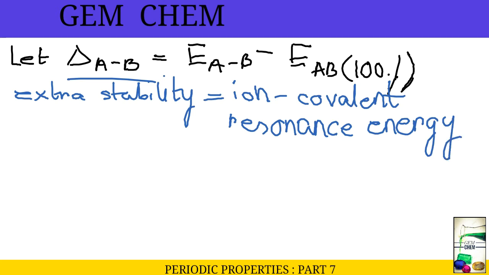Now, the extra stability of the AB bond arises due to bond polarity, and this in turn is related to the difference in electronegativity of the constituent atoms.